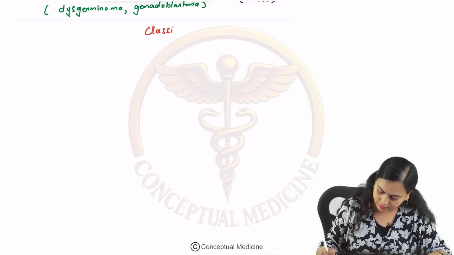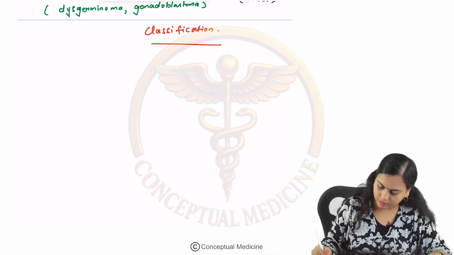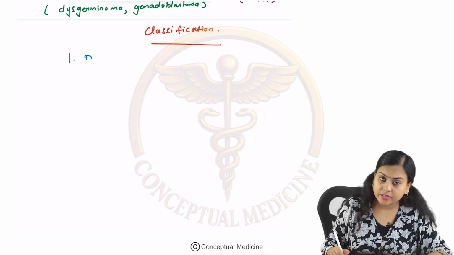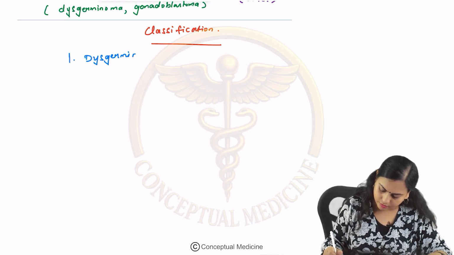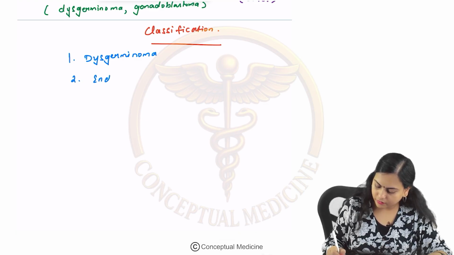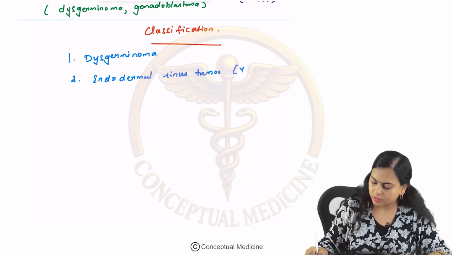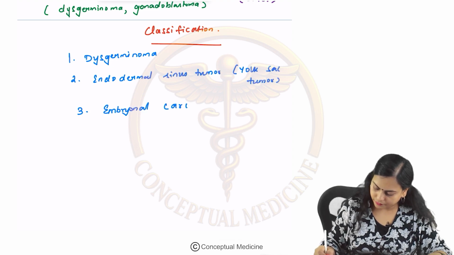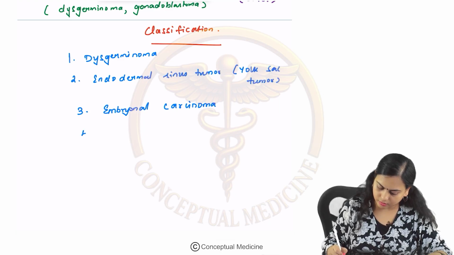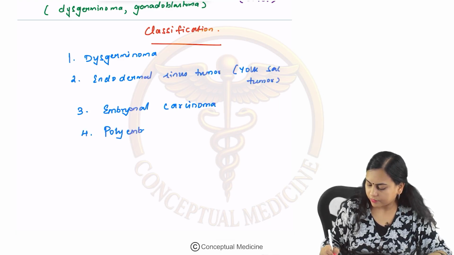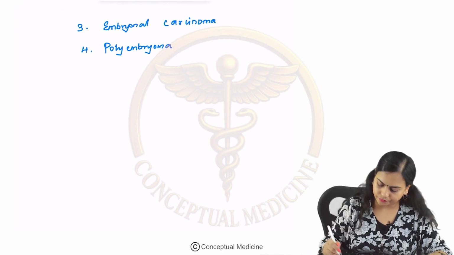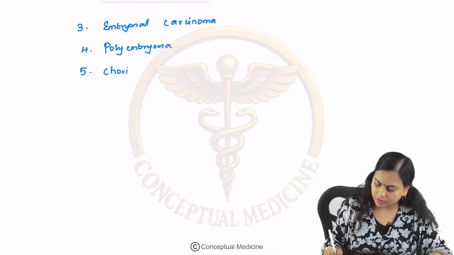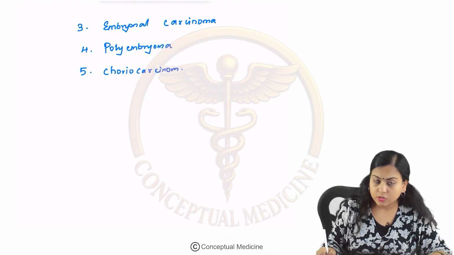Now let's also quickly revise all the different types of germ cell tumors. So classification. First one is dysgerminoma. Then we have the endodermal sinus tumor or yolk sac tumor, embryonal carcinoma, polyembryoma, your choriocarcinoma also comes under this category.